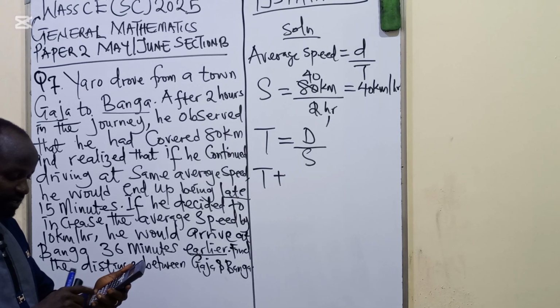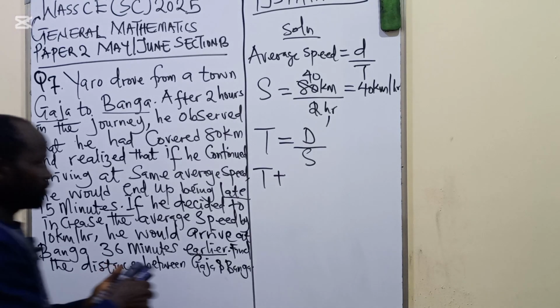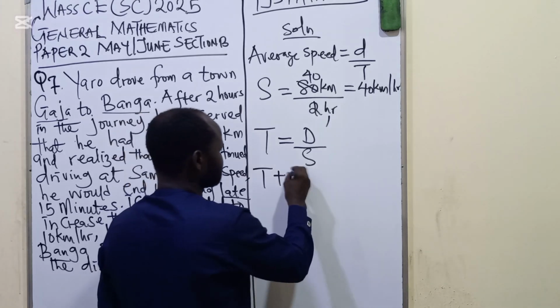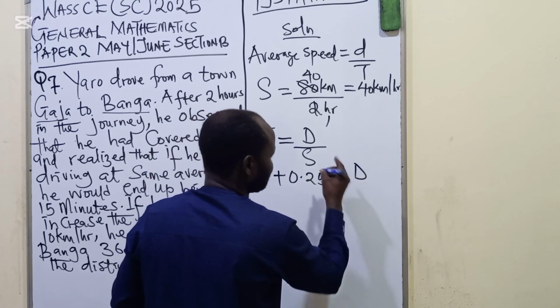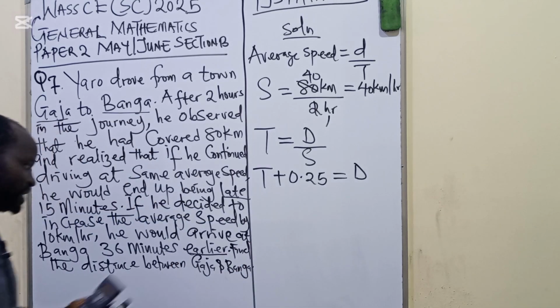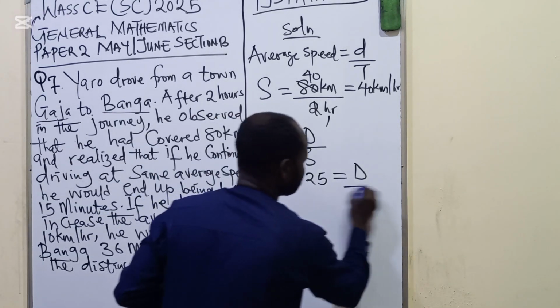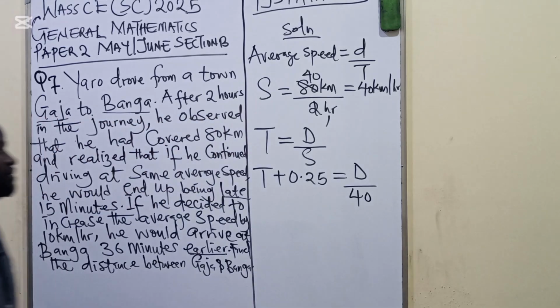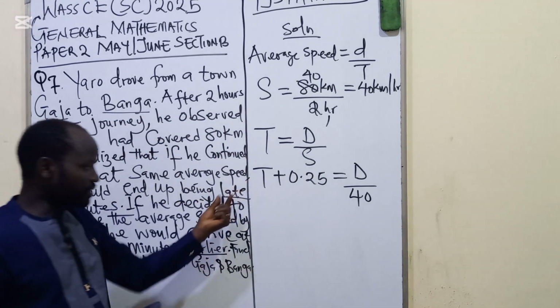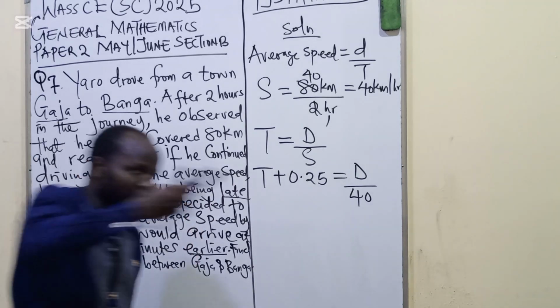That will be 15 divided by 60, of course, it will be 0.25. t will now be equal to the distance, we are looking for the distance between the two towns, divided by the speed, which is 40 kilometers per hour. Very important. This is the first instance. So the word late here means the person needs more time.